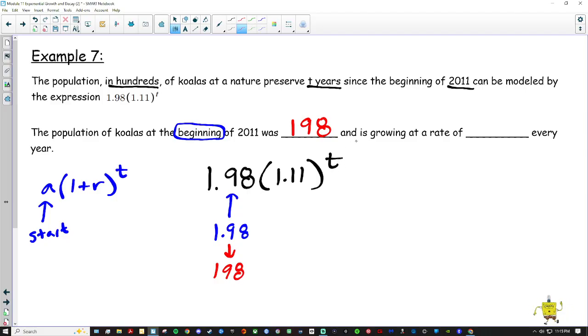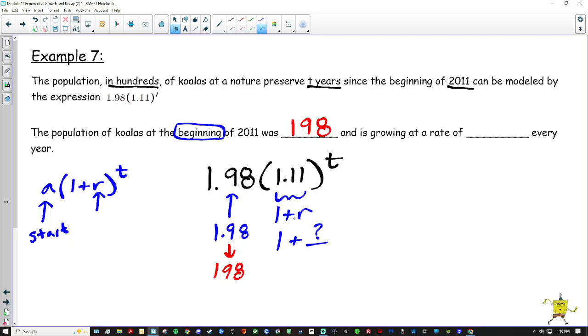Next part. They're growing at a rate of blank every year. Okay, r is right here in our exponential growth formula. So this entire number is not the growth. This represents 1 plus r. So if we have 1, what would we have to add to it in order to get to 1.11?